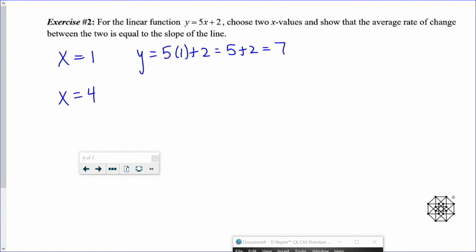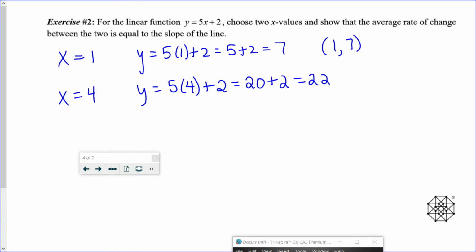And keep in mind what that means is I got the point (1, 7) on this graph. If I put 4 in there, I'm going to do 5 times 4 plus 2, which is 20 plus 2, which is 22. Again, what that tells me is that the point (4, 22) lies on the graph.